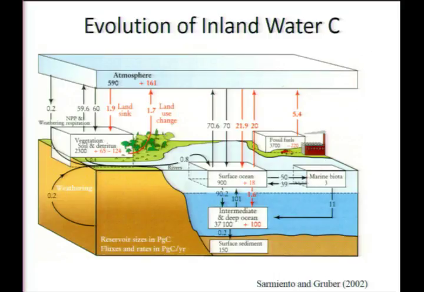And then once in the ocean, this organic matter is converted back to CO2, and this inorganic carbon that was delivered mostly as bicarbonate is also turned back to CO2. And it fuels this pre-anthropogenic source of CO2 from the oceans to the atmosphere and closes, if you will, the pre-anthropogenic loop.